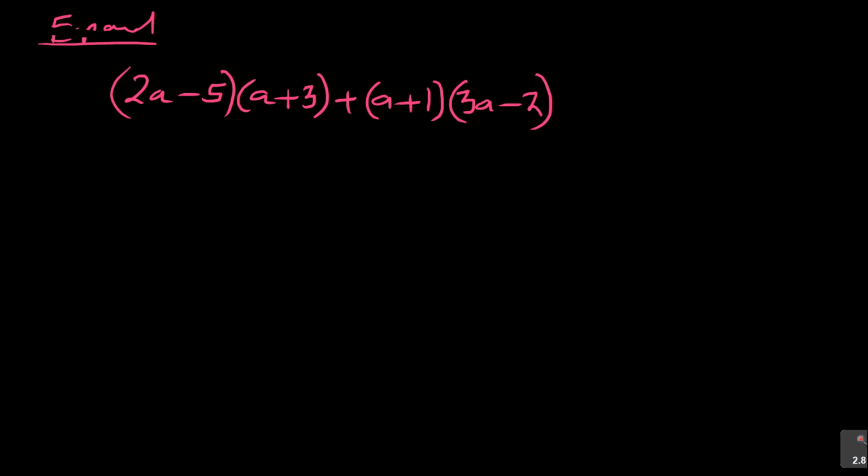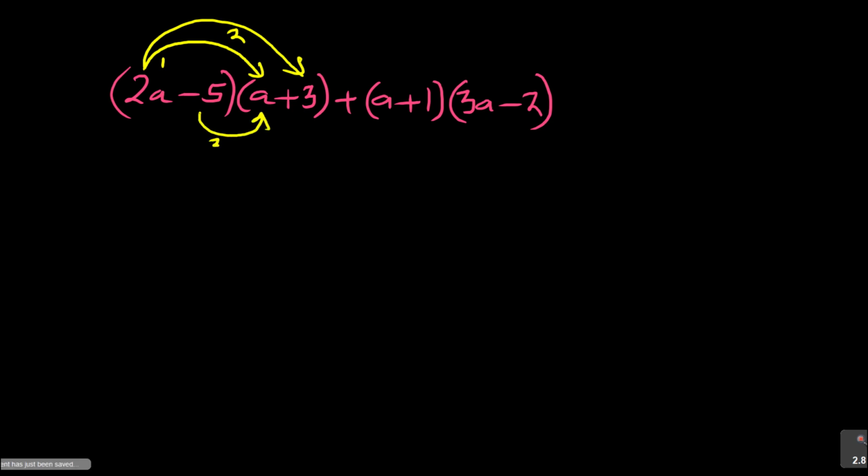Now let's do it. For me to expand, same method. You take 2a to multiply that. It's my number 1 step, and then that 2a multiplies that. That's my number 2 step, and then the negative 5 multiplies that. That's my number 3. And the negative 5 multiplying that is my number 4. You see that?